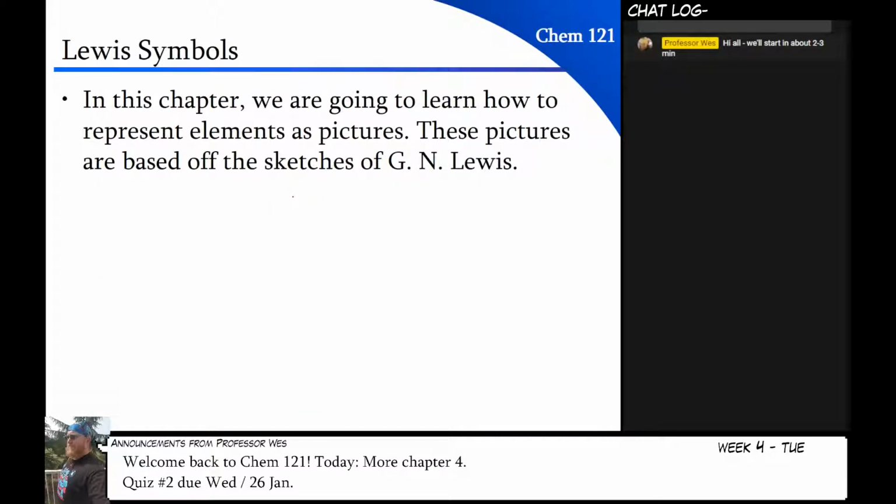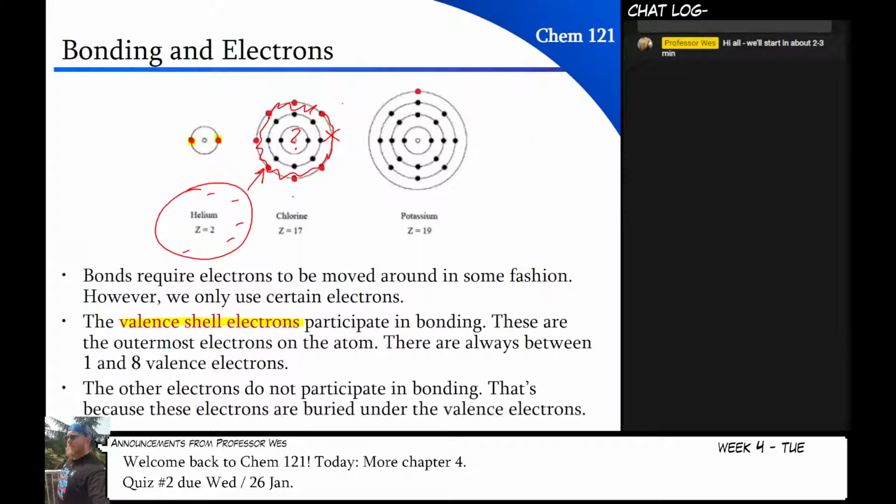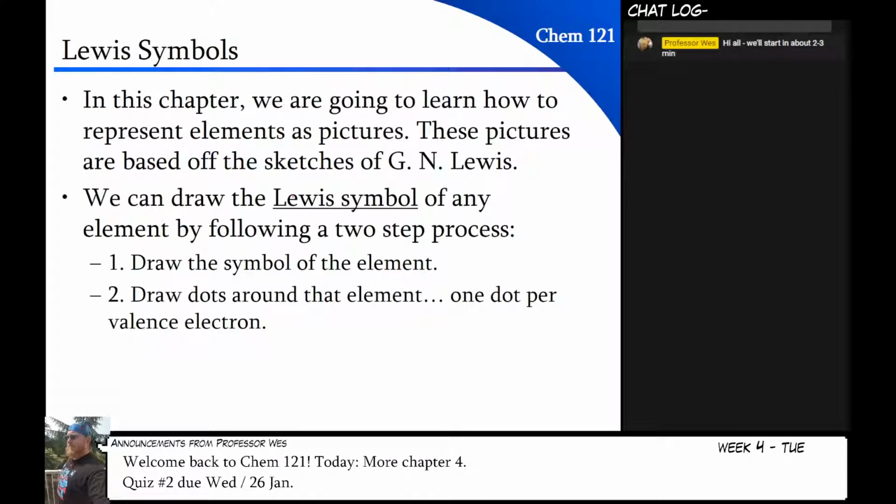All right. So what we're going to do is take these little models that we had and represent them with symbols, and these are called Lewis symbols. The Lewis symbol is possibly the easiest thing that we're going to do in this class, but also extremely important foundationally speaking.